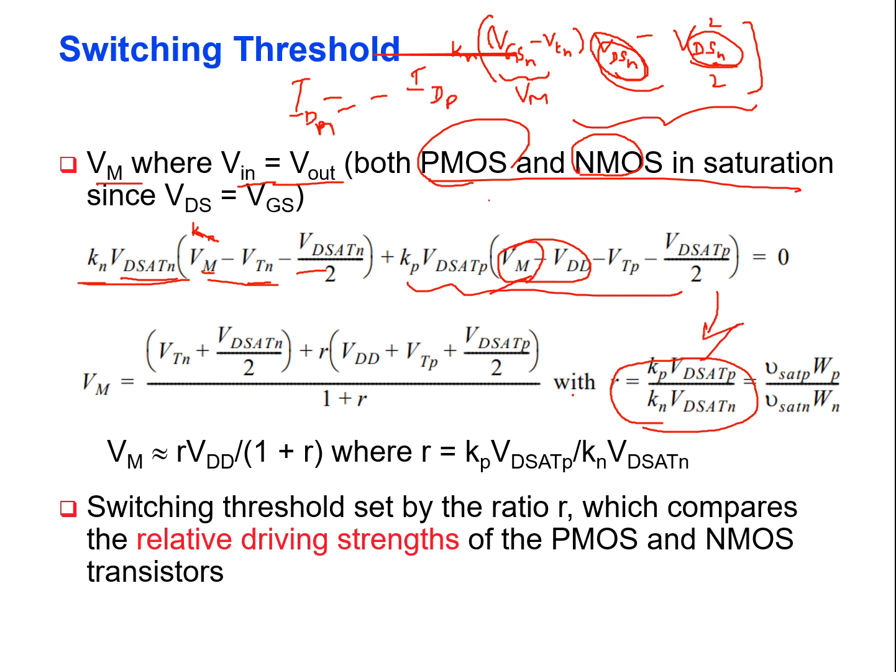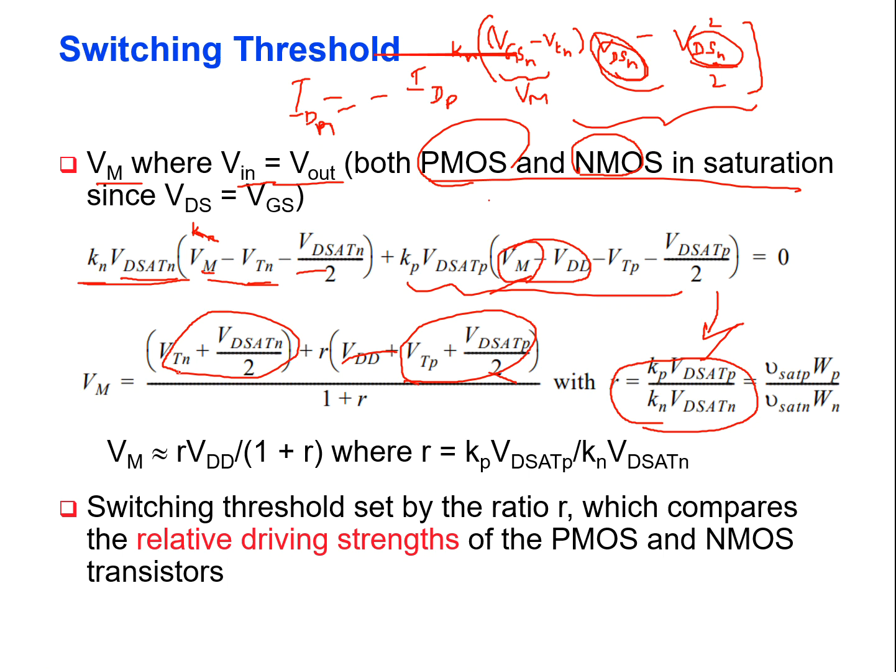Okay, and if you derive further for Vm, for large values of VDD compared to your threshold voltage and VD saturation, these two terms are neglected. This is also neglected compared to VDD because it is 0.3 volt or 0.7 volt, somehow very much less than VDD.